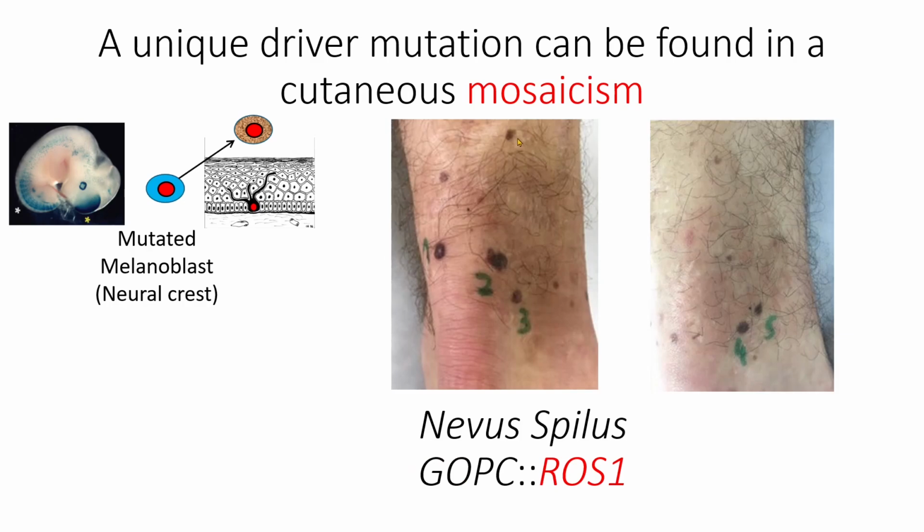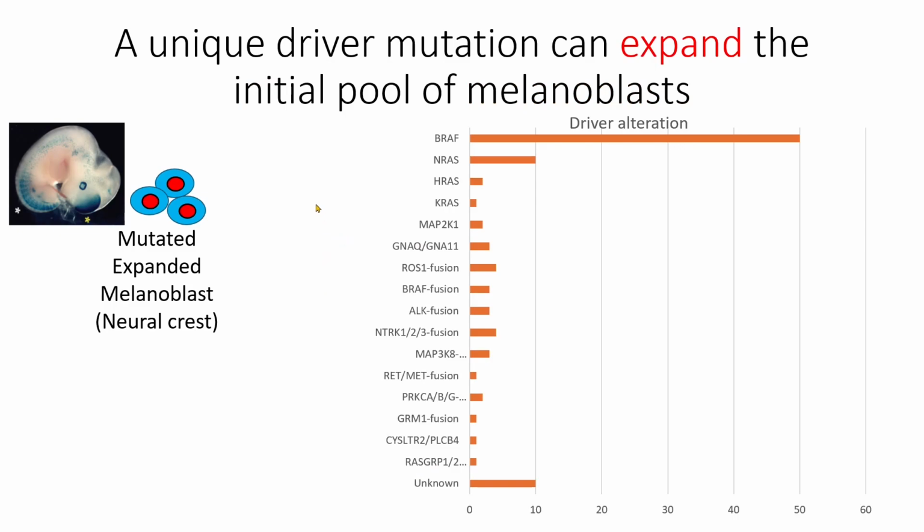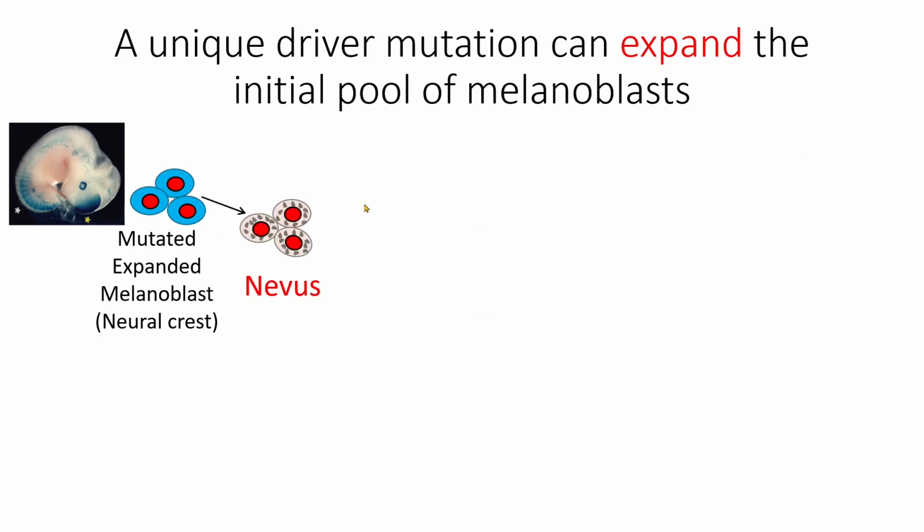And we have proven that this is also true for fusions such as GOPC or ROS1 fusion with this patch and multiple tumors. So we have then the example of the multiplication of melanoblasts in the neural crest, and this leads to a nevus.